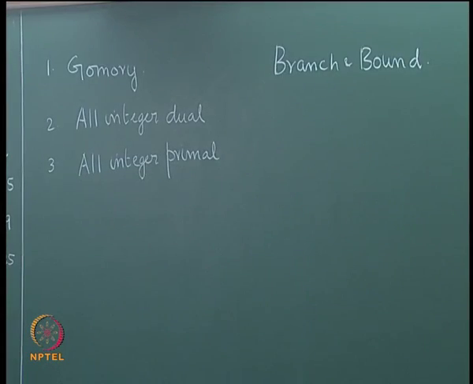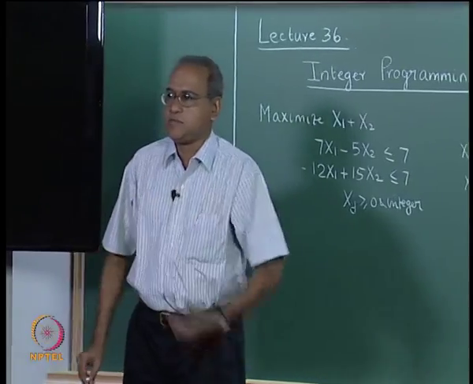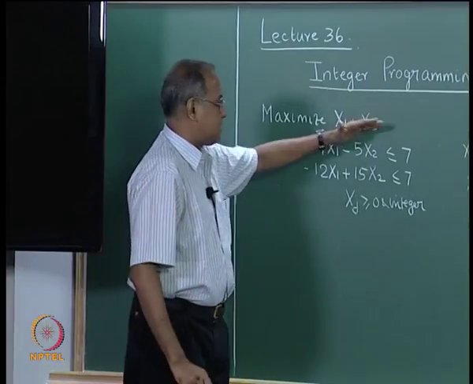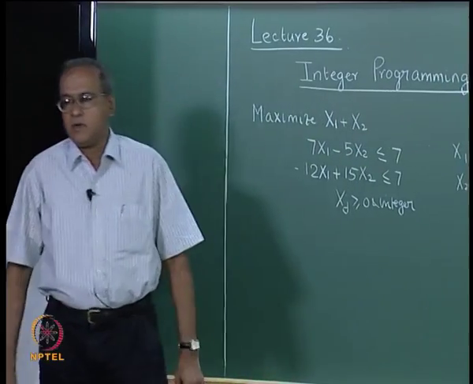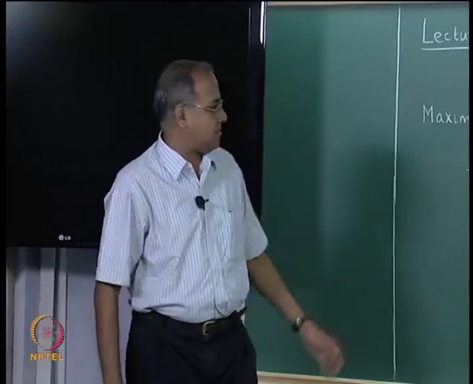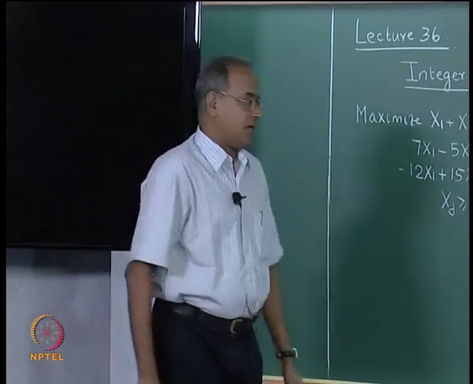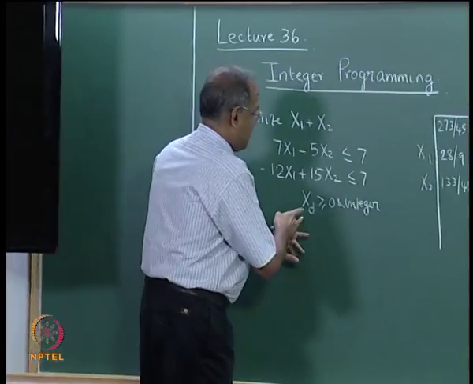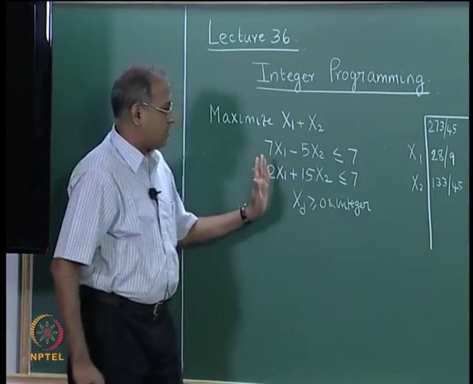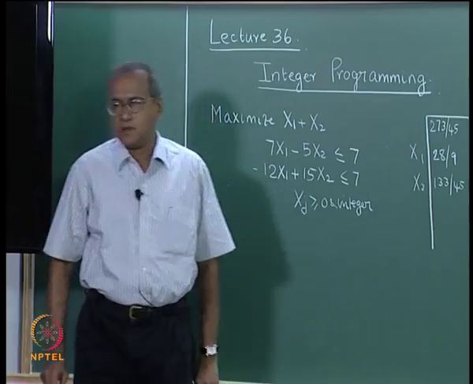A typical integer programming problem would look like this. It will have a maximization or a minimization objective. It will have a set of constraints. All decision variables xj will be greater than or equal to 0, and in addition we restrict or constrain the decision variables also to integers.